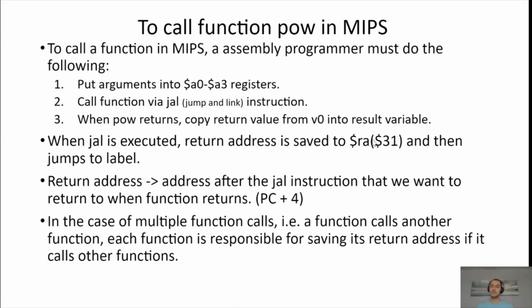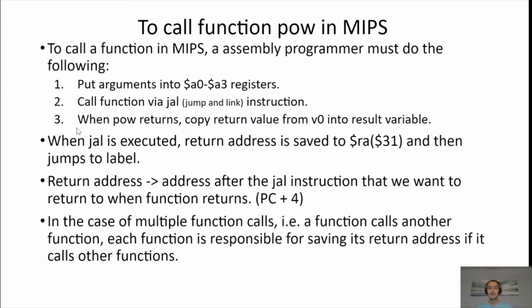And then it's going to go to the label that you specify. So you do, for example, JAL and then you put your label like my func. It's going to save that return address in the register RA, which is a special register reserved for this purpose, and then it's going to go to that label.